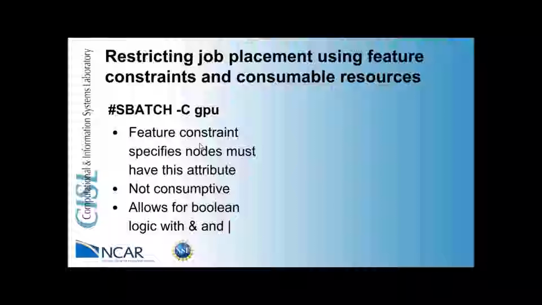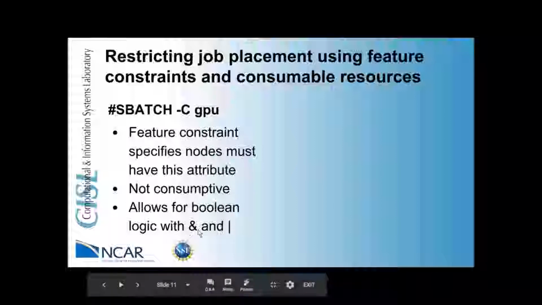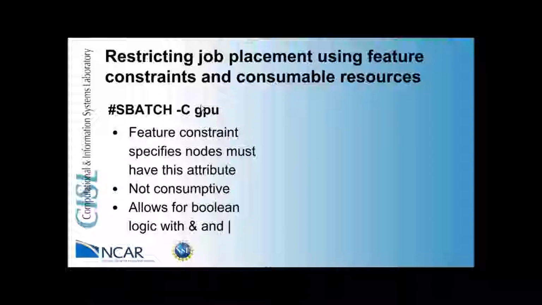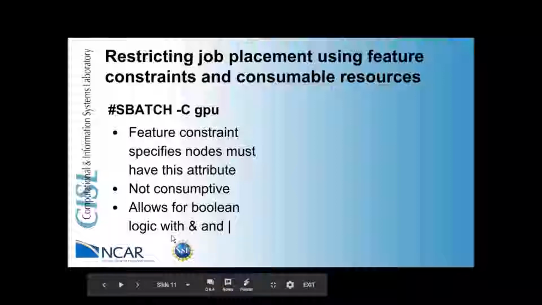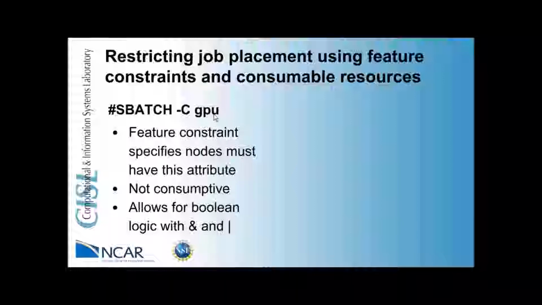And these feature constraints allow for Boolean logic as well, with and or here. This is just an ampersand and a vertical line. And you can put those in here. It's a good idea to put this string in quotes if you use the feature constraints. But that's a way I could say I want it to have a GPU and Skylake CPUs, for example. So I can further constrain my job.